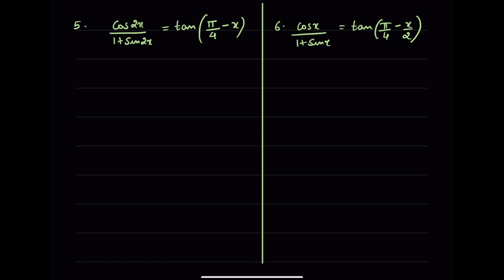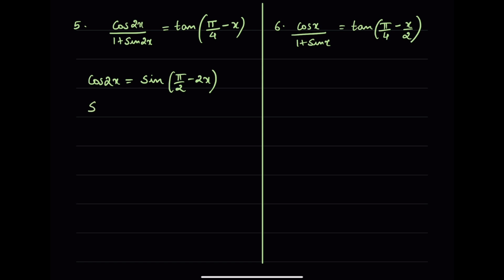Now cos 2x can be written as sine of pi by 2 minus 2x, because cos x is nothing but sine of pi by 2 minus x.